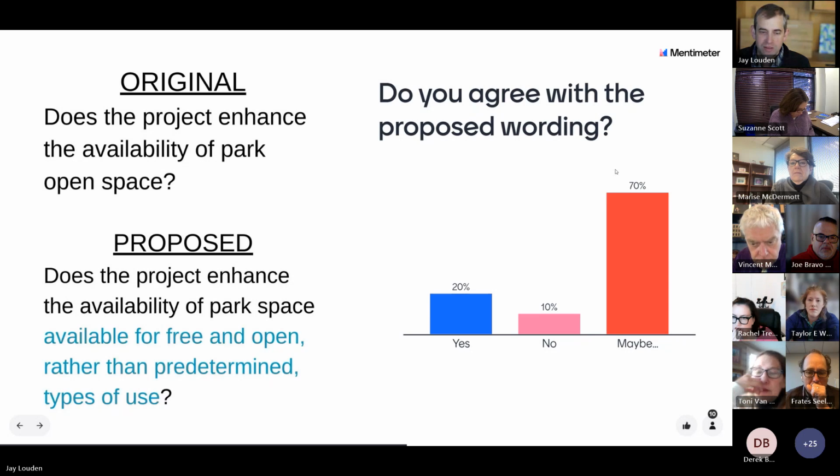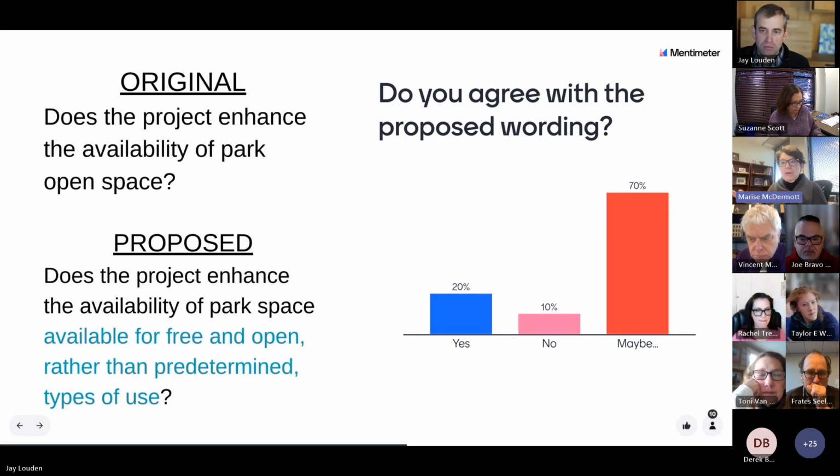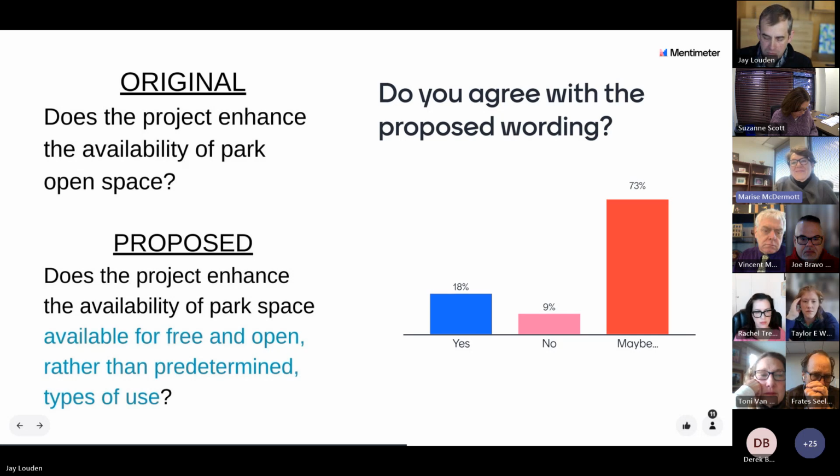Anyone? Maurice, please. Well, first of all, I know you just described what predetermined types of use is, but I don't think the general public would hear what you just said, reading predetermined types of use. It's not meaningful.